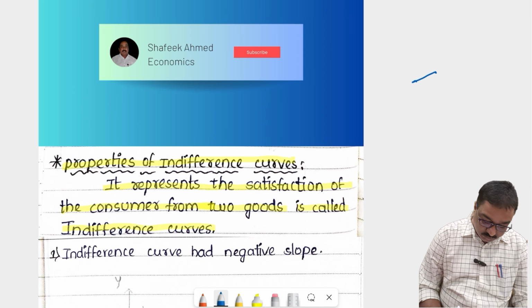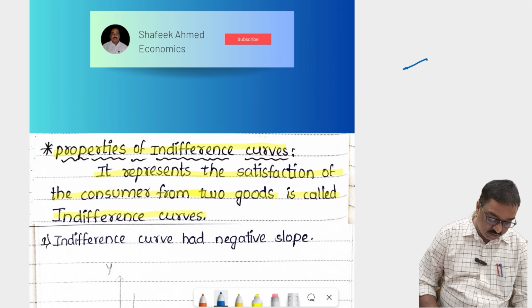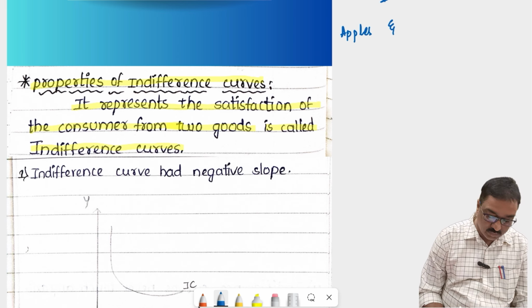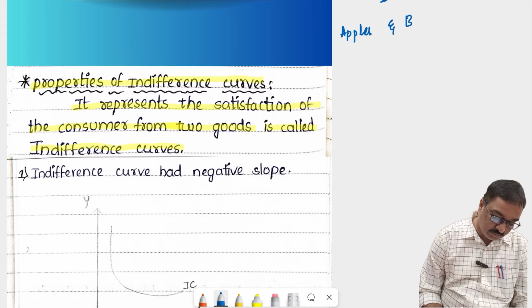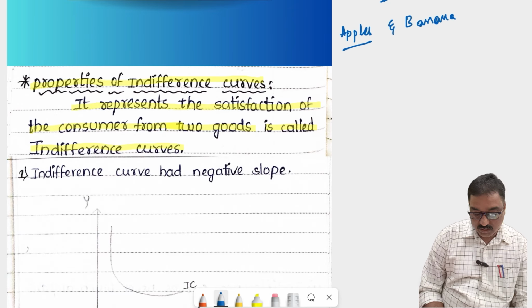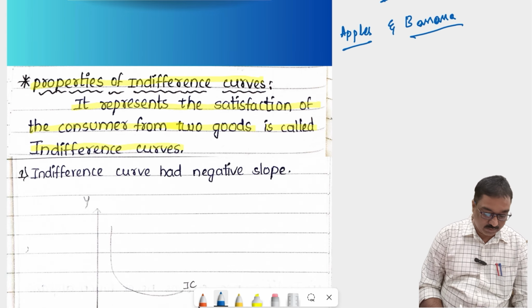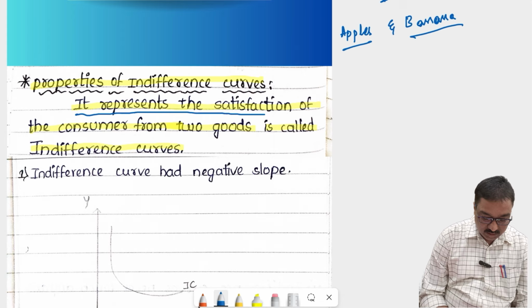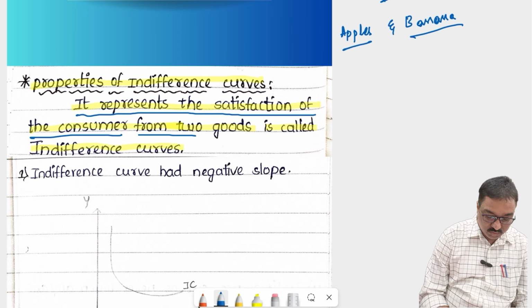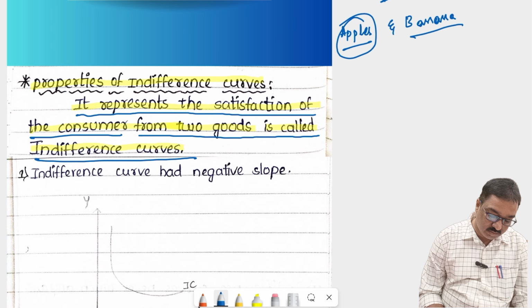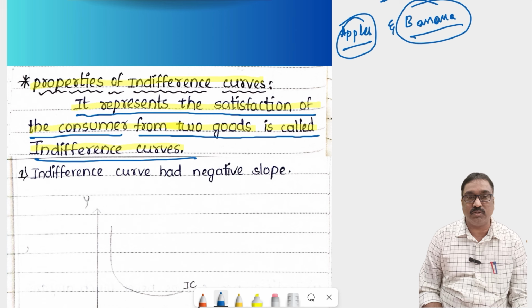For example, a consumer is consuming two goods, apples and bananas. Do apples give more satisfaction or do bananas? The indifference curve represents the satisfaction of the consumer from two goods, because it shows how much satisfaction apples give and how much satisfaction bananas give to the consumer.